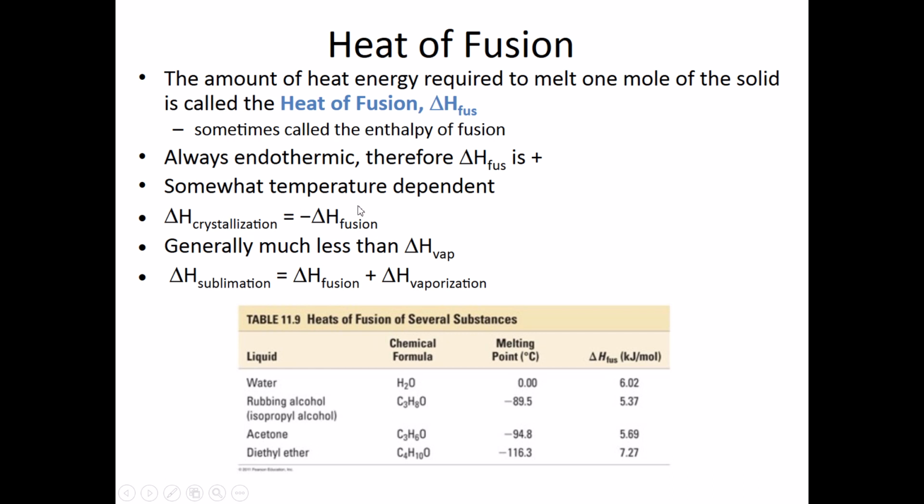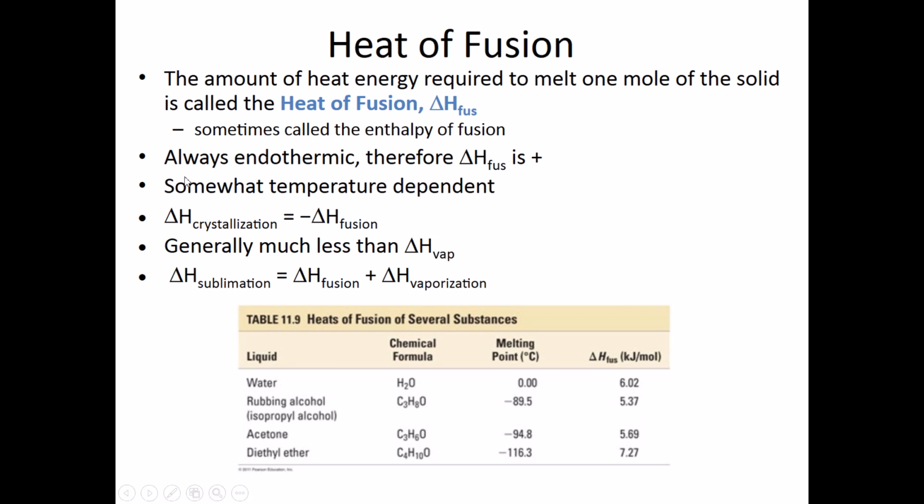Alright, so for our enthalpy values, the endothermic values are positive, the exothermic values are negative. But for opposite processes, like fusion and freezing, they have the same numerical value, only differing by a negative sign. Alright? And we'll look at that again.